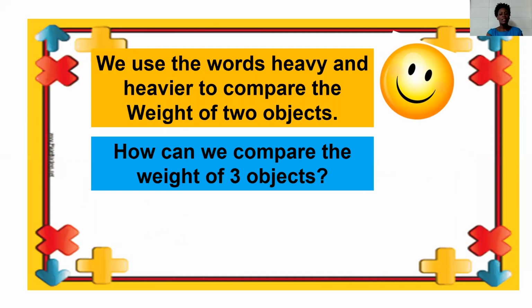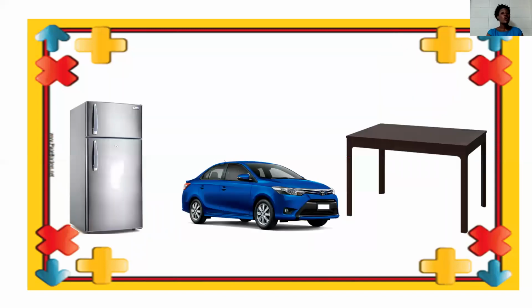Now let us try to compare the weight of three objects. How do you think we can do that? To compare the weight of three objects, we use the words heavy, heavier, and heaviest. So, we have a refrigerator, a car, and a table.